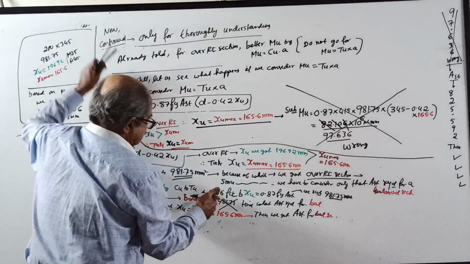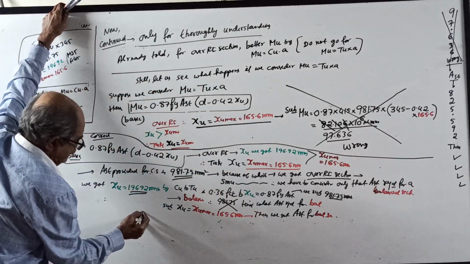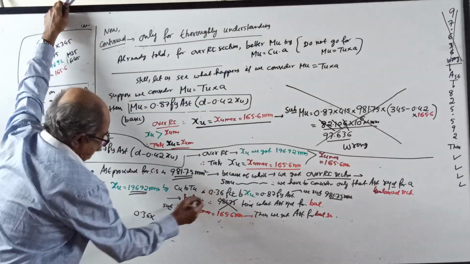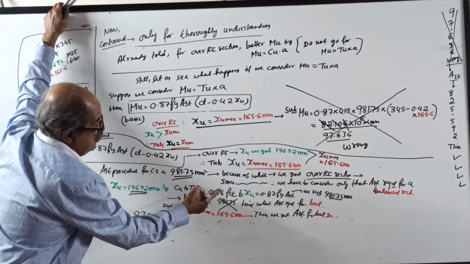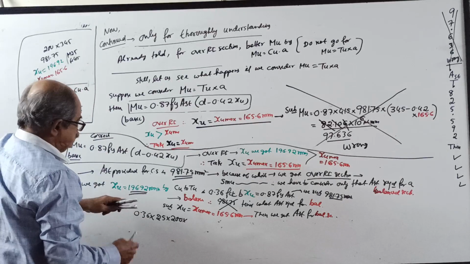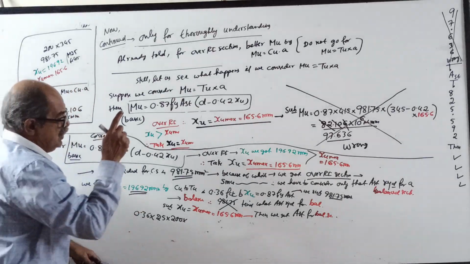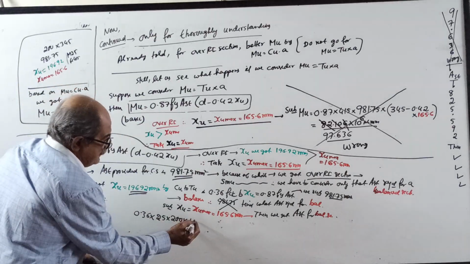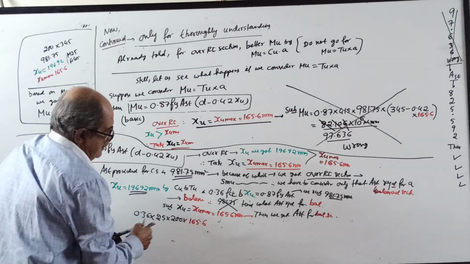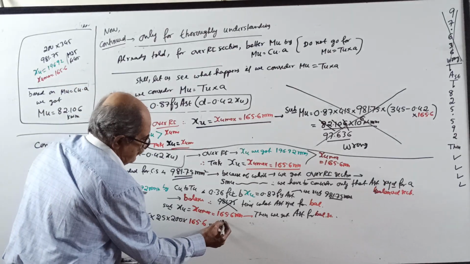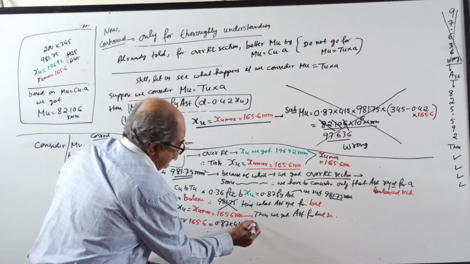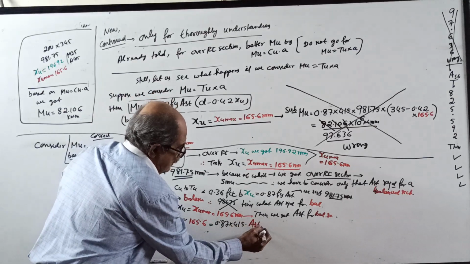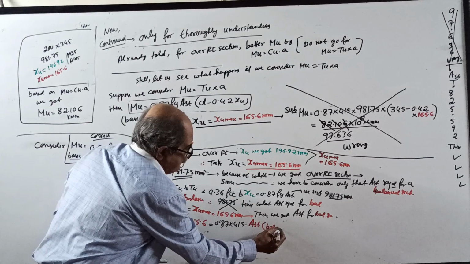Okay, substitute now. That is 0.36 into FCK 25, B is 200 into XU. Our XU earlier came 196. We want to limit to what? Only 165.6 equal to 0.87 into 415 into what you get? You get AST for balanced section.